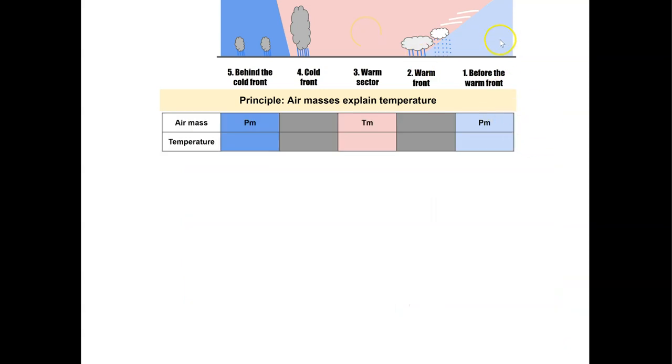So, there's our PM air mass before the warm front, TM air mass in the warm sector, PM air mass behind the cold front. So what do you reckon the temperatures are going to be? Cool, mild, cold. The air masses help to explain the temperature. Get that colour scheme locked in your head. It's going to help you to remember that.